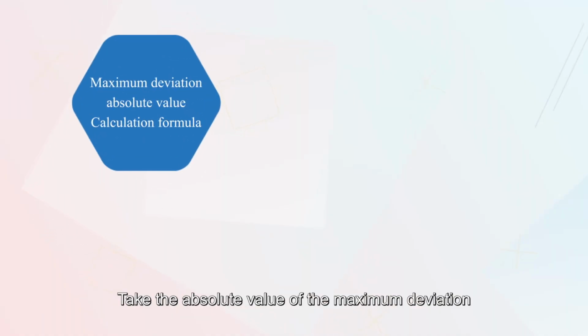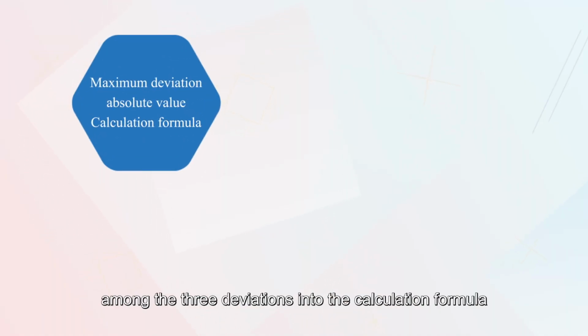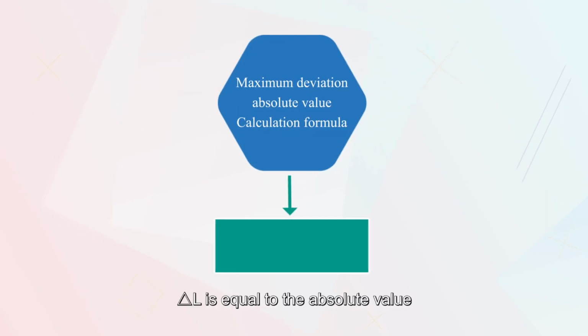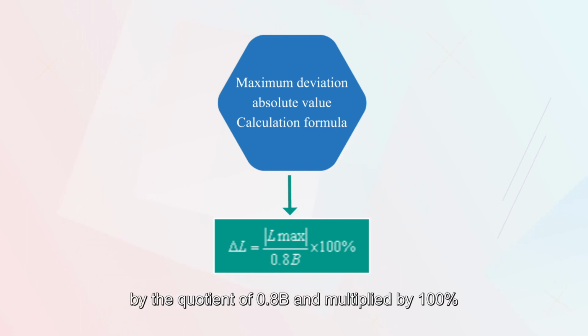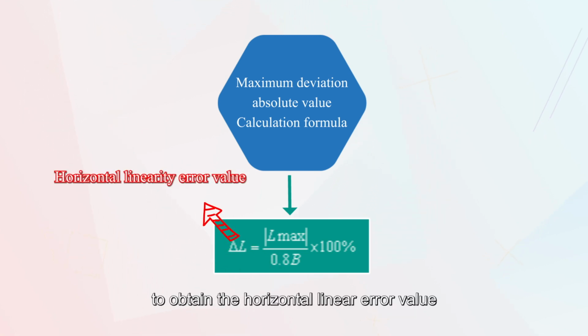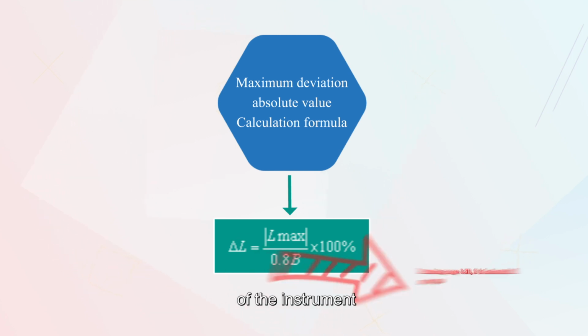Take the absolute value of the maximum deviation among the 3 deviations into the calculation formula: delta L is equal to the absolute value of the maximum deviation divided by 0.8b and multiplied by 100% to obtain the horizontal nonlinear error value of the instrument.